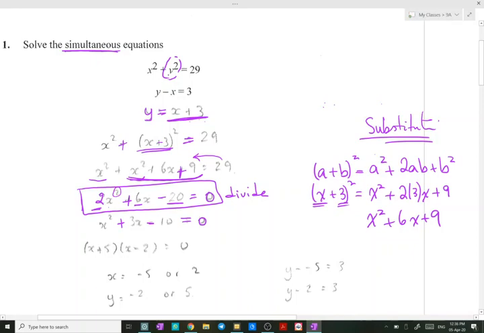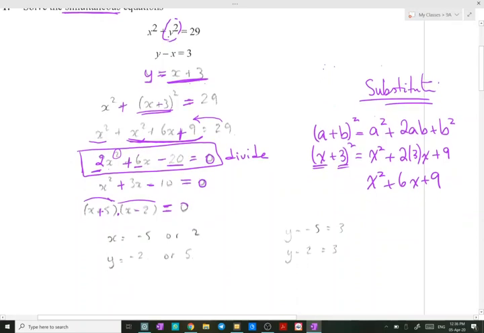Now we factorize this quadratic equation, and we would have (x plus 5) times (x minus 2). These are the factors, and their product is equal to 0. Therefore, either one of the factors is going to be equal to 0.